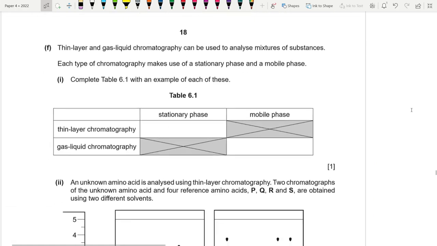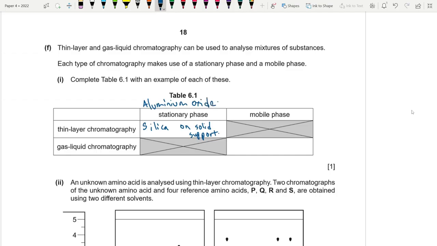Get it? Okay, then hopefully I could clarify. Moving on to F, we need to know the stationary phase of thin layer chromatography and gas liquid. Please memorize these. So for thin layer chromatography, it's actually silica or alumina. So you could go for silica on solid support. Or an alternate option was alumina, which is basically aluminium oxide.